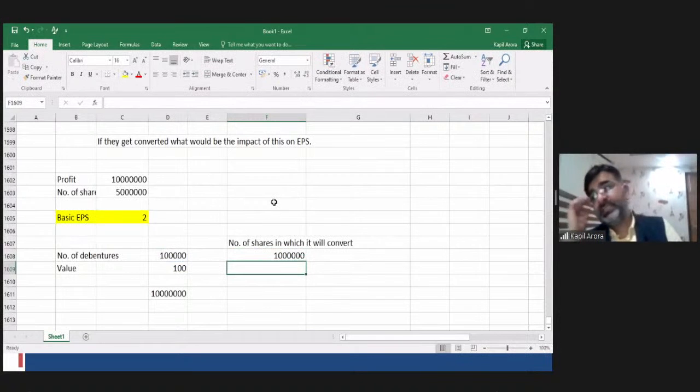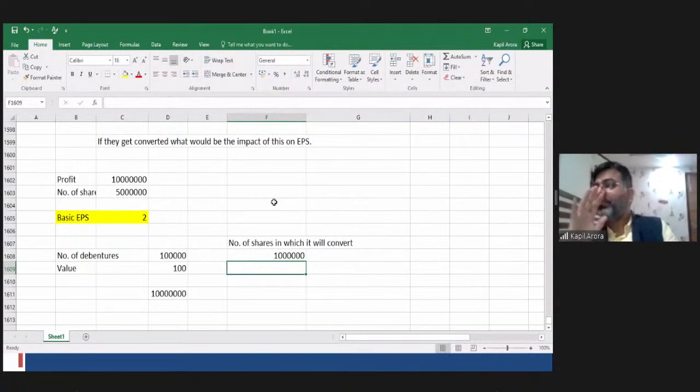So if they get converted, they are going to convert into 10 lakh shares.